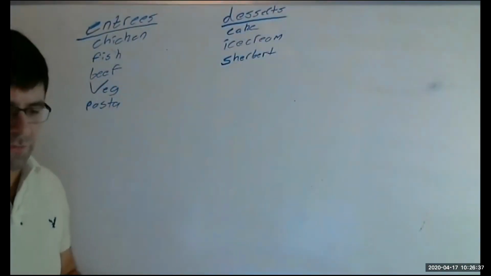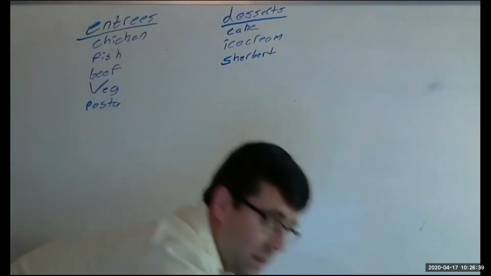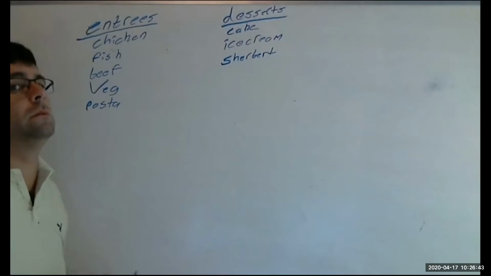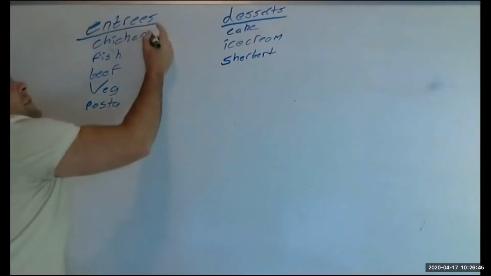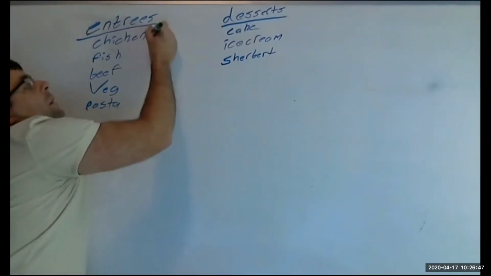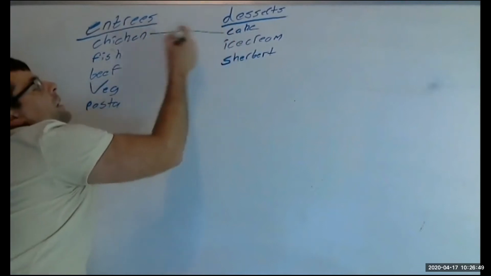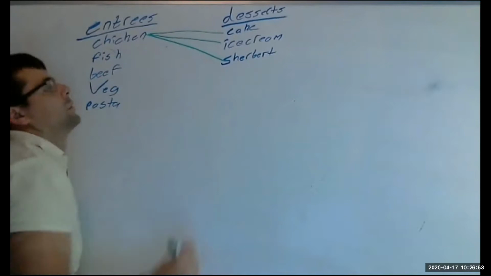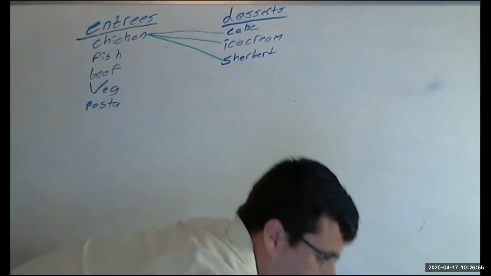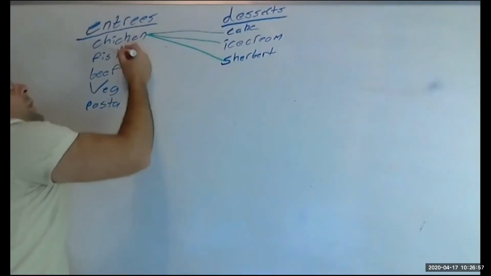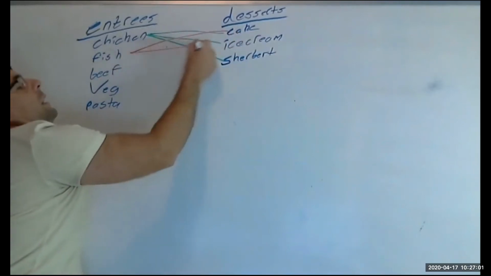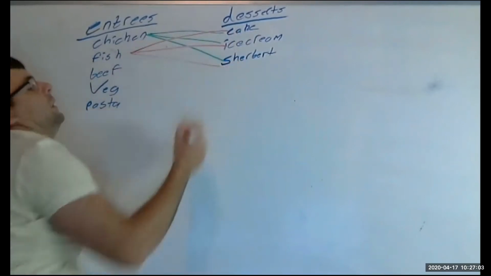So in this visual way, we're getting into graph theory, but you could choose the chicken, and with the chicken, you can get the cake, the ice cream, sherbet. You choose the fish with the cake, ice cream, sherbet.